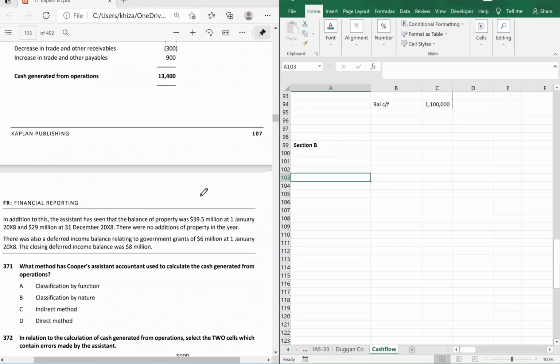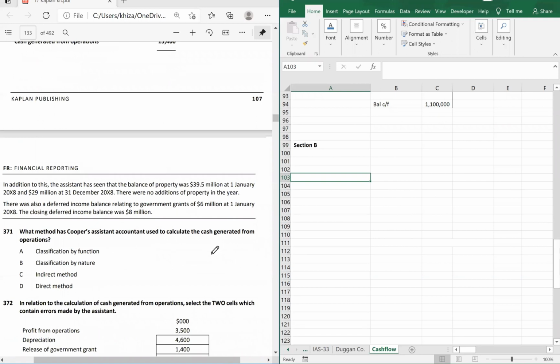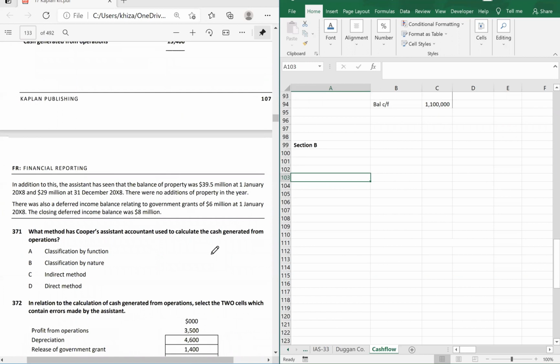In addition to this, the assistant has seen that the balance of property was $39.5 million at 1st January 20X8 and $29 million at the year end. There were no additions to property in the year. There was also a deferred income balance relating to government grants of $6 million at 1st January 20X8.